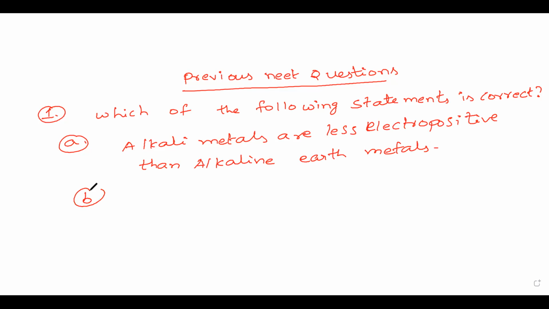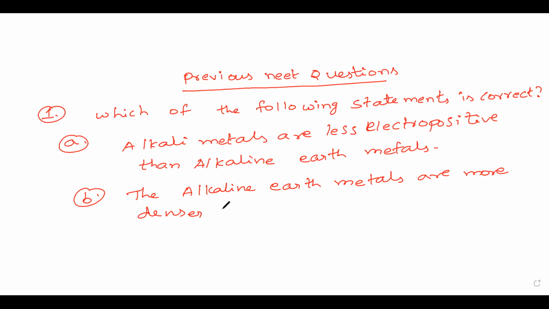Option B, alkaline earth metals are more dense and harder than alkali metals.